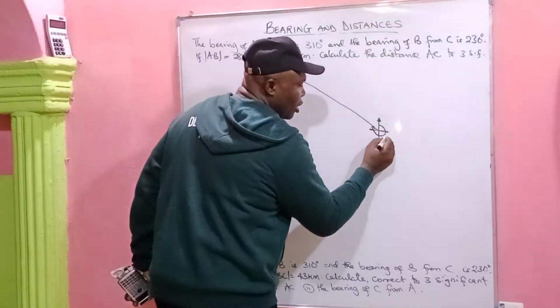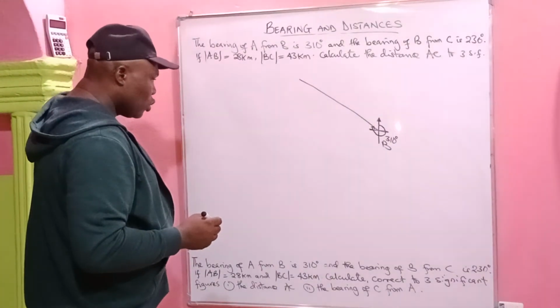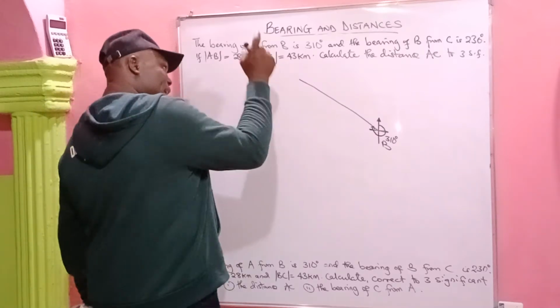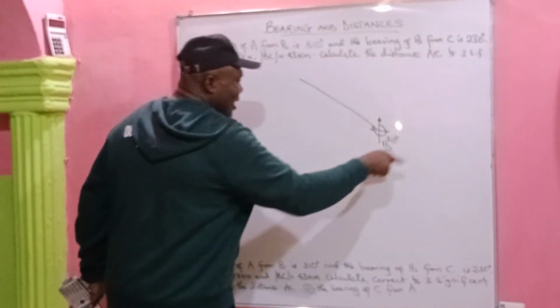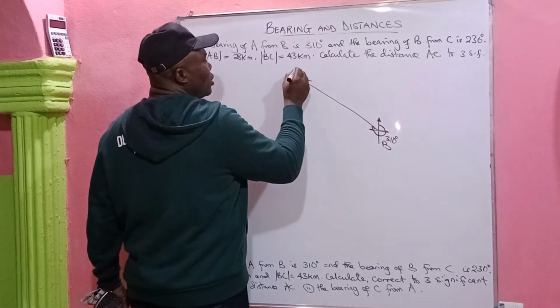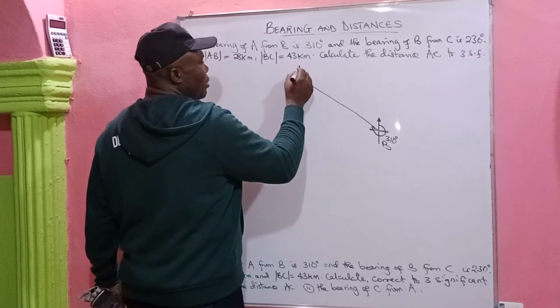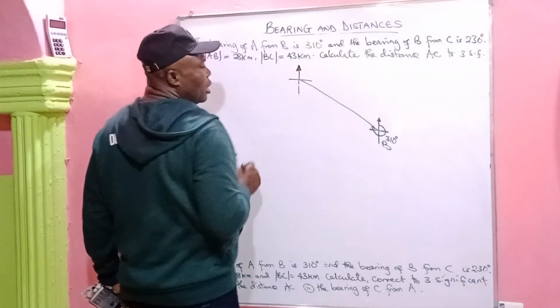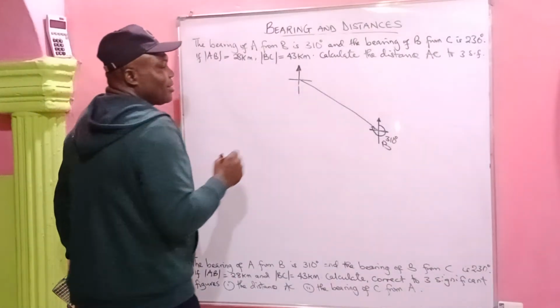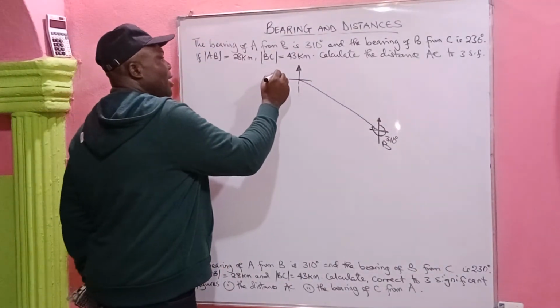This is 310 degrees, to a point A. The bearing of A from B is 310, so this is where A is. Please don't forget that.